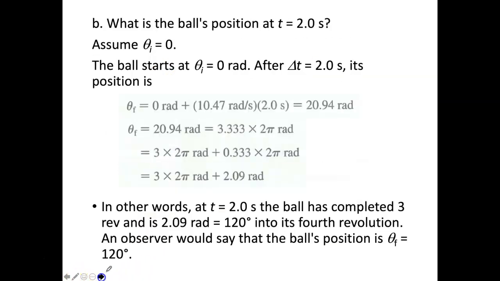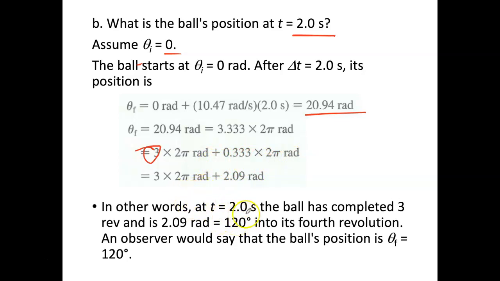For the next part of the problem, they want to know what the ball's position is at 2 seconds. We're going to assume that our beginning angle is 0 radians, and since the ball starts at that, after 2 seconds its position is going to be 20.94 radians. We need to now go around that 3 times, so that'd be 3 times 2 pi radians plus 0.333 times 2 pi radians.